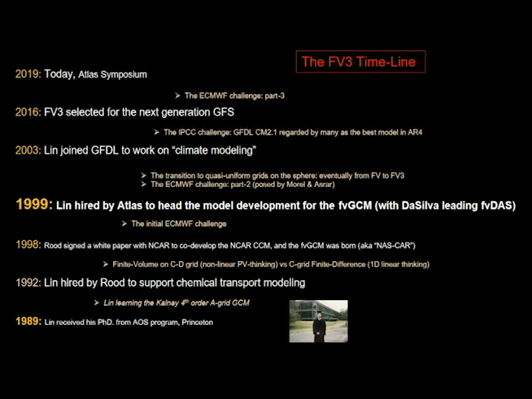I didn't realize I would be in this office. But that was 30 years ago. My wife took this picture. So in 1992, I got hired by Ricky Lu to do chemistry transport modeling, and that's how the original finite volume thinking was formed, because we wanted to really think differently.